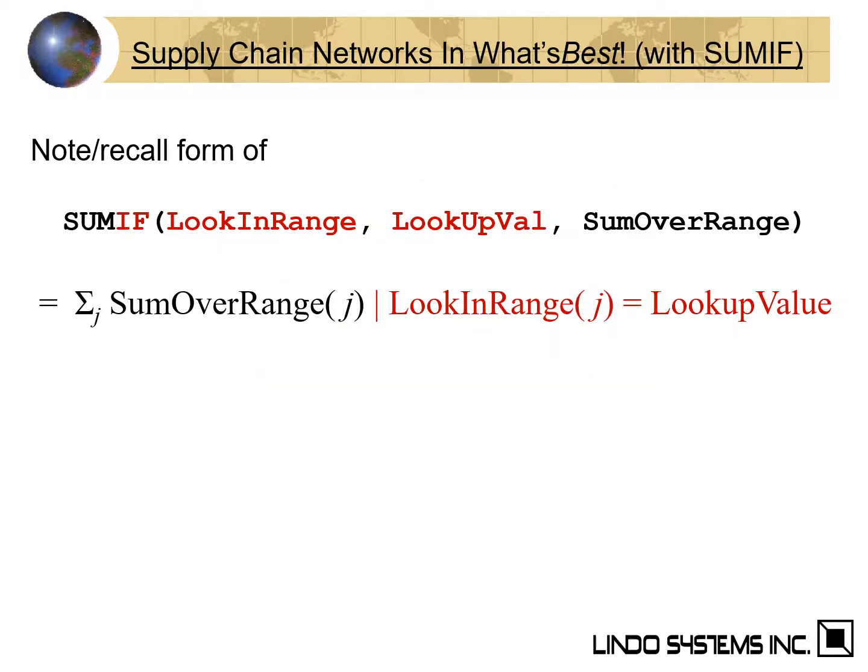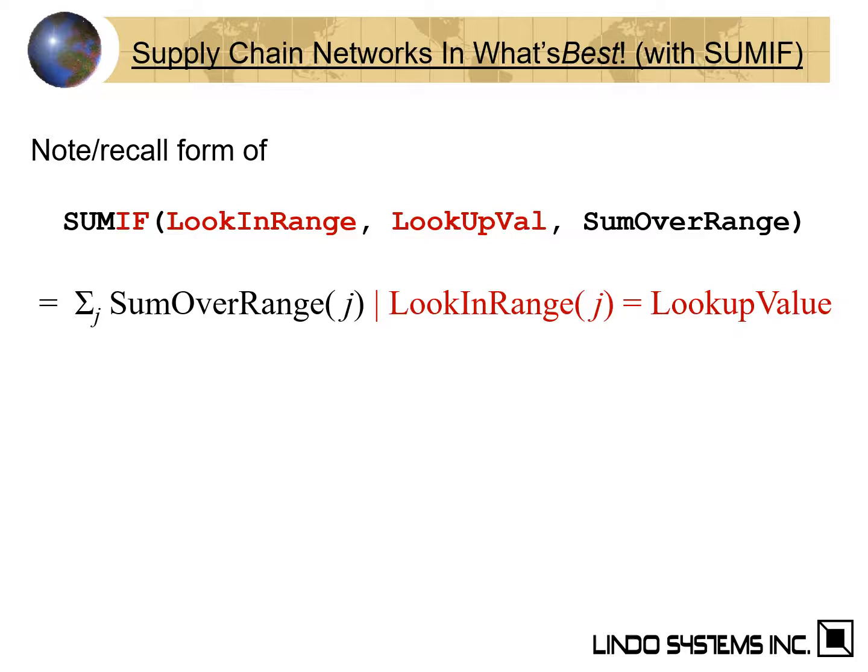Let's do a quick review of the SUMIF function. The SUMIF function is just like the sum function, except for the red part. So it sums over items in the sum range, the third argument, except that it only sums over those items for which the lookup value matches the item in the lookup range.